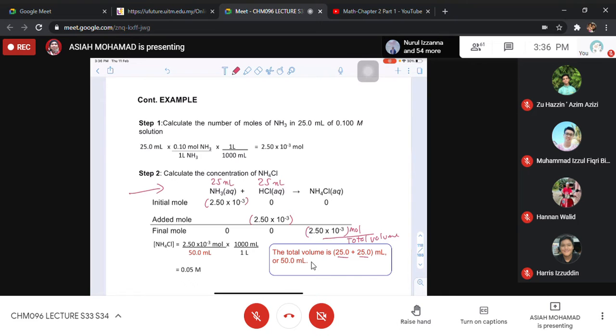That's why before you start the pH calculation, you need to determine how much acid is used in volume. Because later after you get the number of mole of salt produced, you need to divide by the total volume of acid and base to get the molarity of salt.